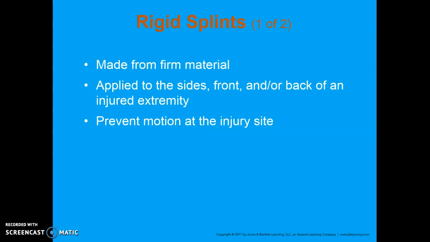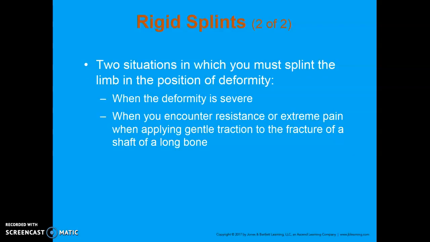Rigid splints are made from non-formable material. They're applied to the sides, front, and or back of the injured extremity to prevent motion. Oftentimes it takes 2 people to apply a rigid splint. There are 2 situations in which you splint the limb in a position of deformity.